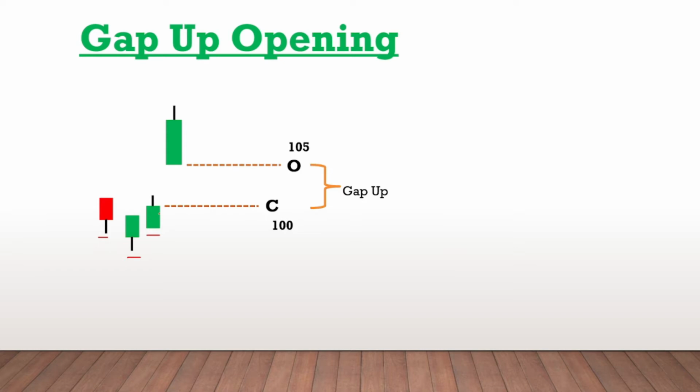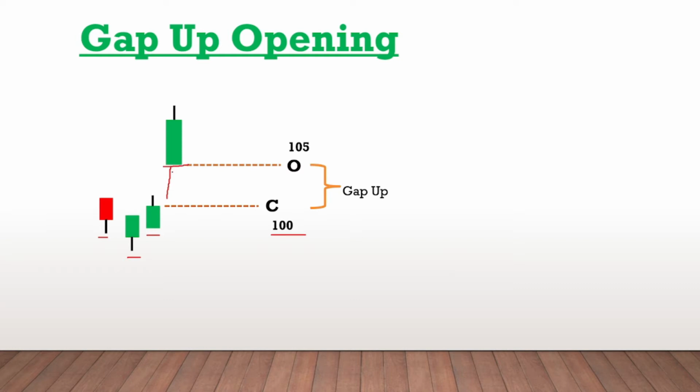This candle has a close price of around 100. Let us assume that yesterday this stock closed at 100, and in the next trading session there is a gap between the close price of the previous day's candle and the open price of today's candle.